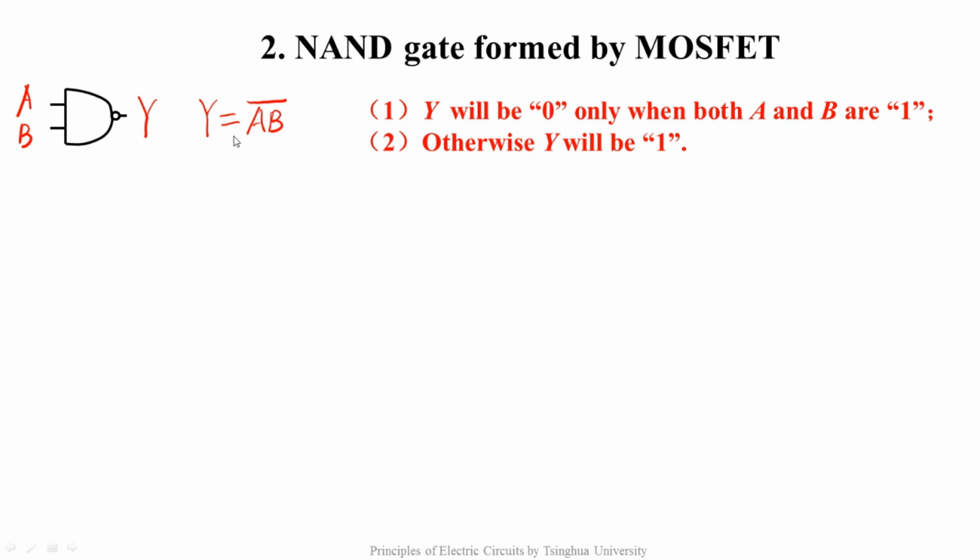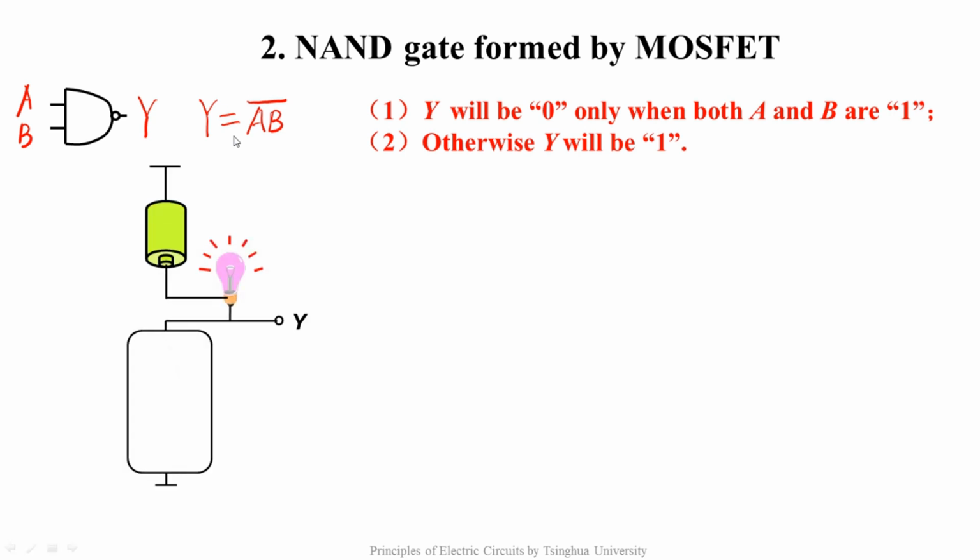Similar to what we did with the inverter by analogy, we also have an analog circuit here. Let's think about it. The two MOSFETs controlled by A and B can be considered as two analog switches.